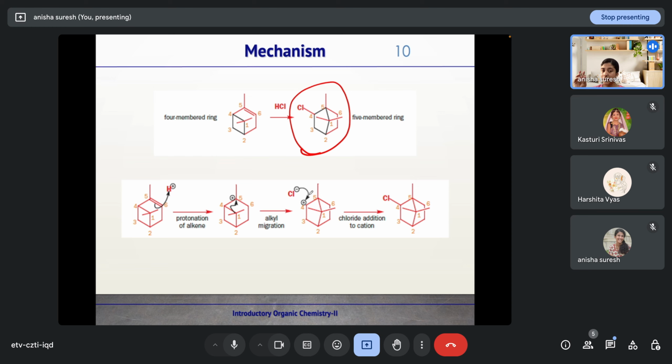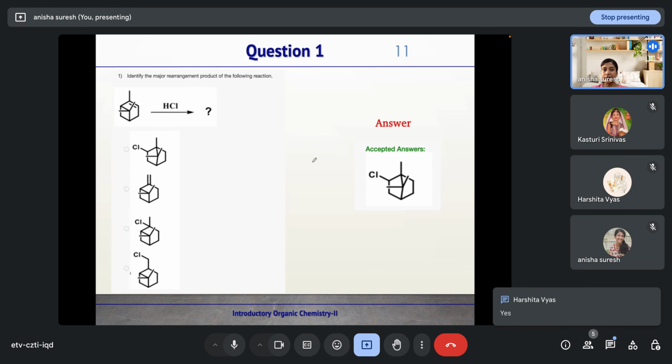Now the chloride ion present in the reaction medium will attack this carbocation, leading to formation of the final product. Is the mechanism clear? Okay, so the final answer is option A.